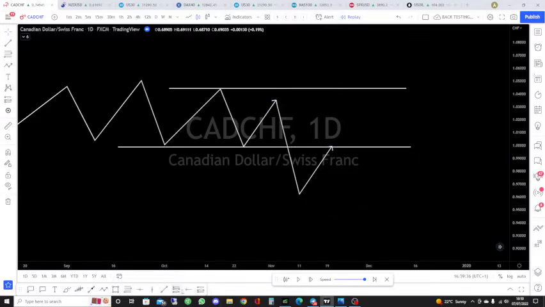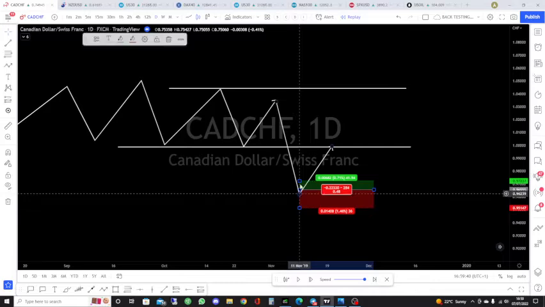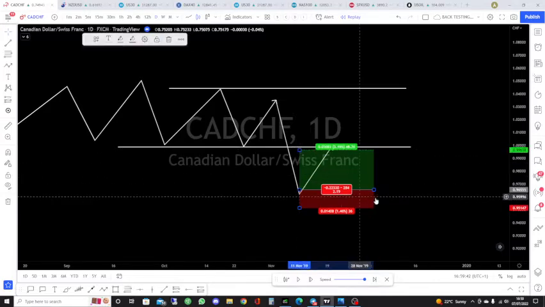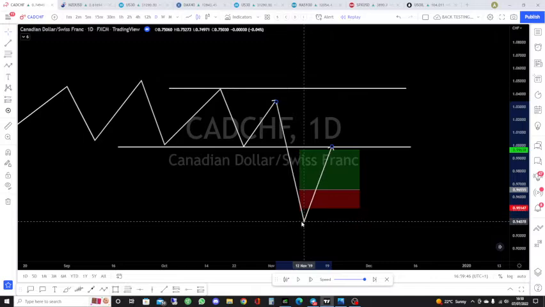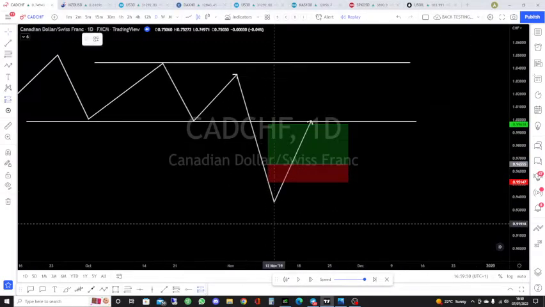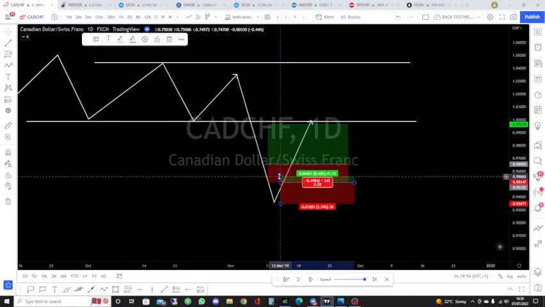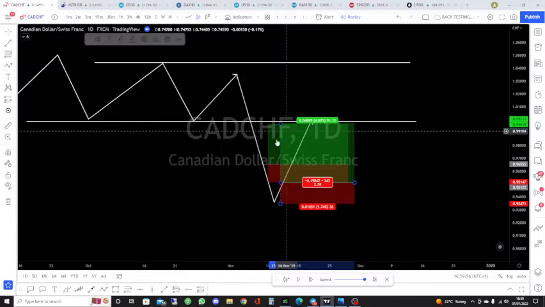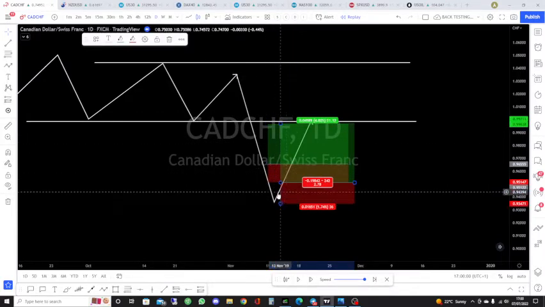And sometimes you can place an entry here, and if the price keeps coming down and takes you out, you can still enter another time. Once more, you can enter here, and then you'd be risking this much. Here, for instance, you recover this one and you come back here.